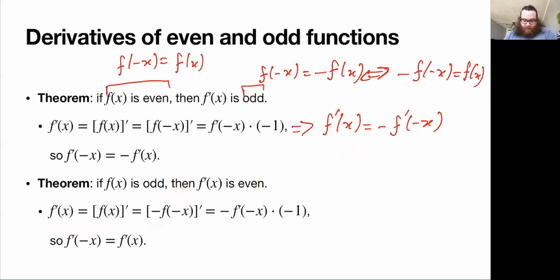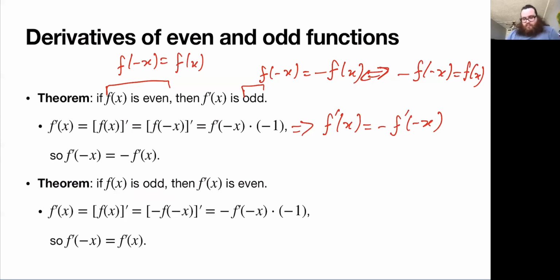Now we have a constant, minus 1, in front. Derivatives don't care about constants, so we can pull this constant out. That's what's right there. Otherwise, again, it's the chain rule. So we're taking the derivative of the outer function, f prime evaluated at minus x, times the derivative of the inside, which is minus 1. These signs cancel, and so we're left with f prime of x is equal to f prime of minus x. And so in this case, the derivative is even.